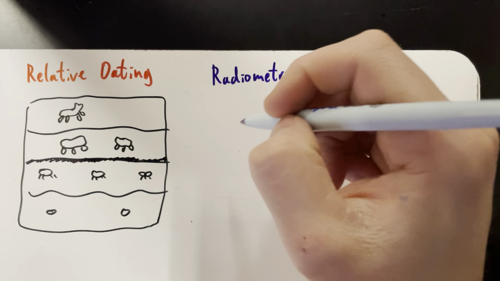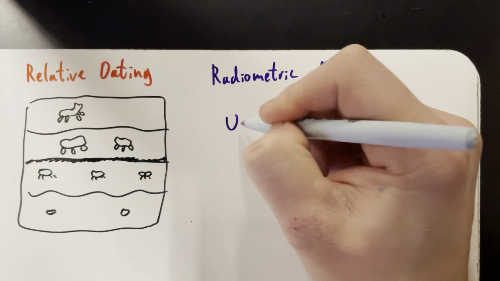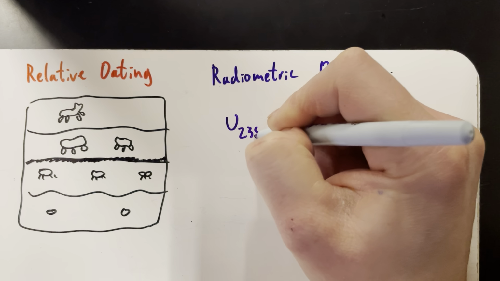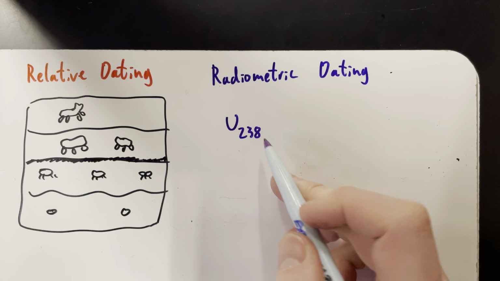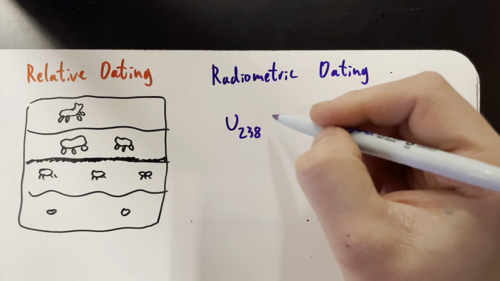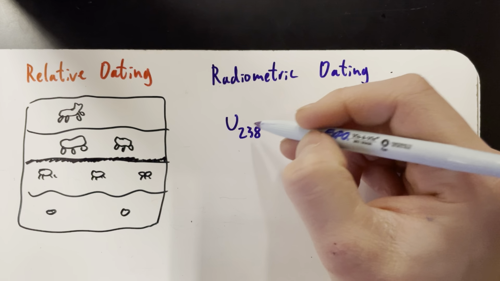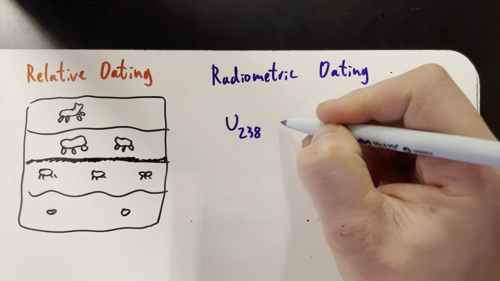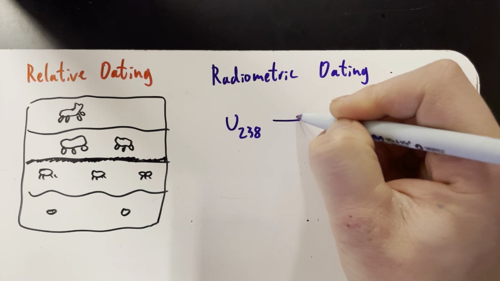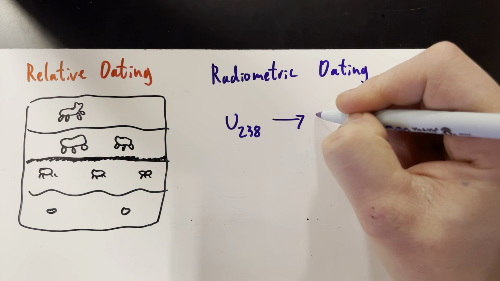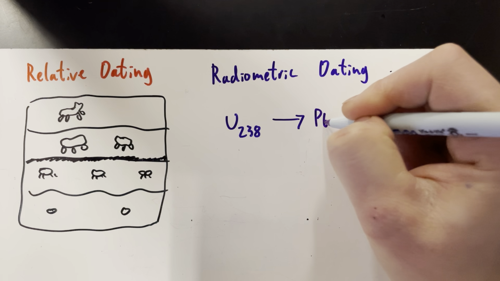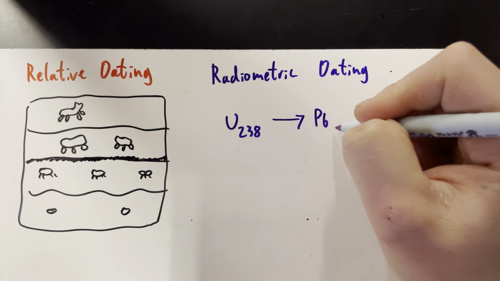The one they mentioned in the video was uranium, U238. This is an isotope of uranium. It refers to how many neutrons are in the uranium. Over time, because this isn't stable, it decays, it falls apart into a bunch of chunks. We're just going to skip to the end. It becomes lead, Pb206.